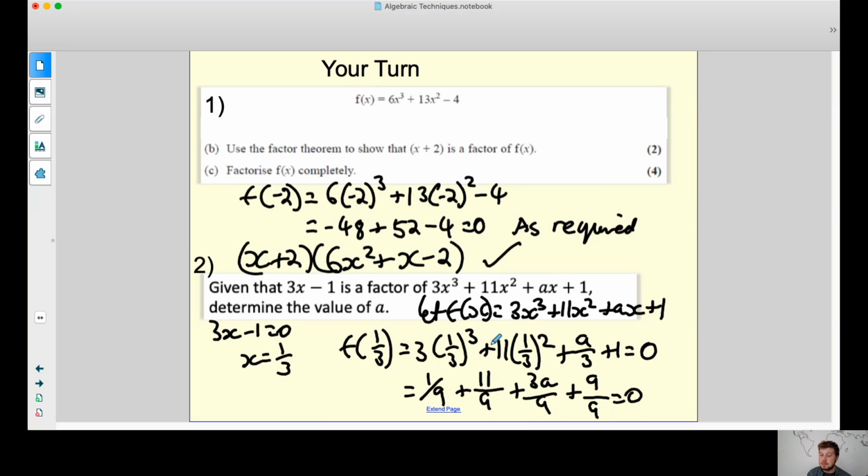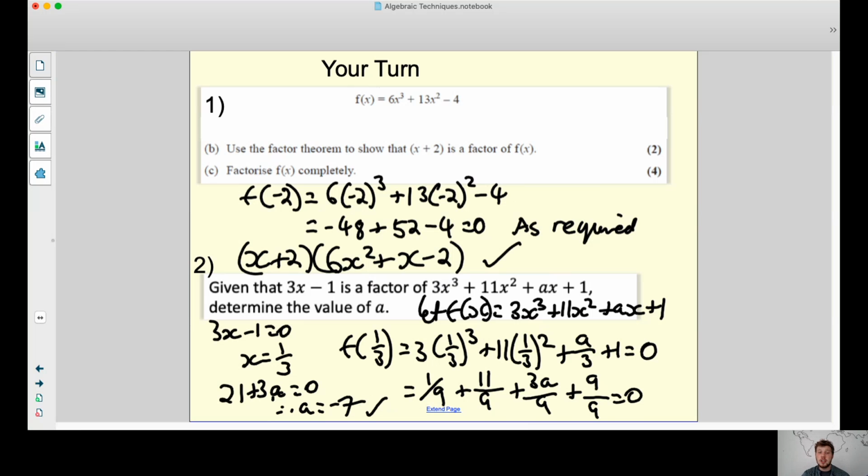What you can do now is multiply everything by 9 to cancel this out, so you get 12 plus 3a plus 9 equals 0, so 21 plus 3a equals 0. Oops, I didn't need to put that a there, so it's 21 plus 3a equals 0, therefore a must equal negative 7. Sorry, it's a little bit messy, however, that would be it for that question.